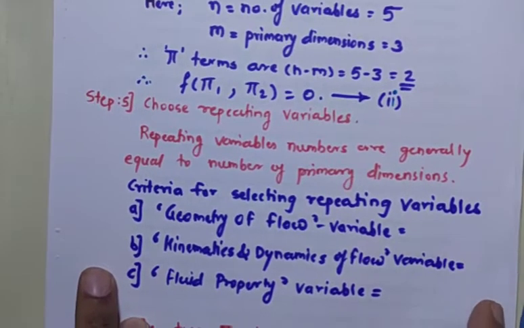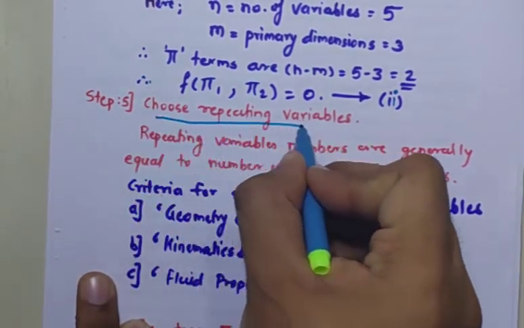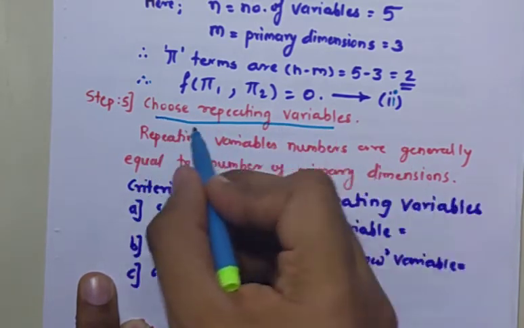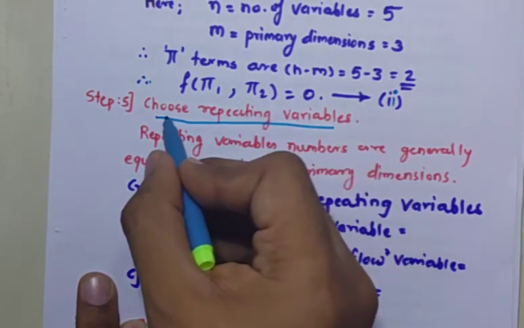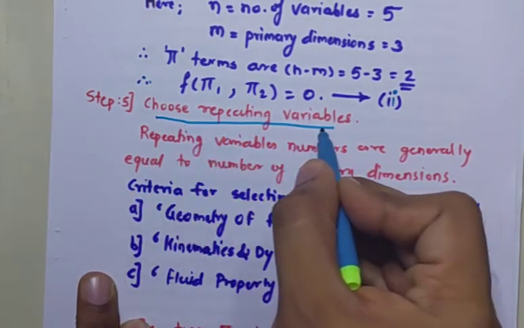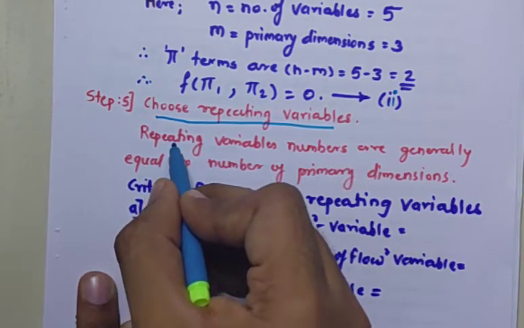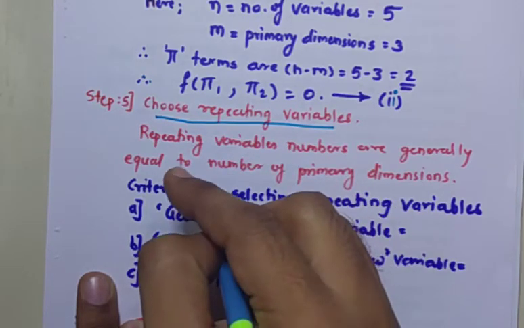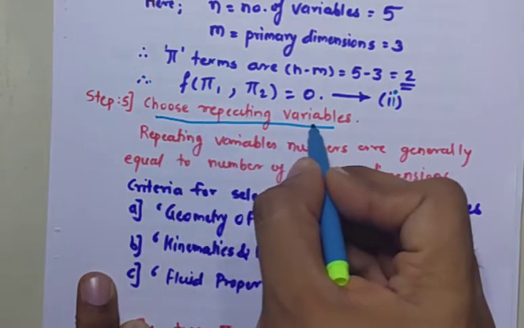Now step number 5, choose repeating variables. Once we establish this pi term functional relationship, our next step is to determine the expression for these pi terms. For that we require determination of the repeating variables. Remember this, the dependent variable is not chosen as a repeating variable. Here the dependent variable is resistance R, so we cannot choose that as a repeating variable.